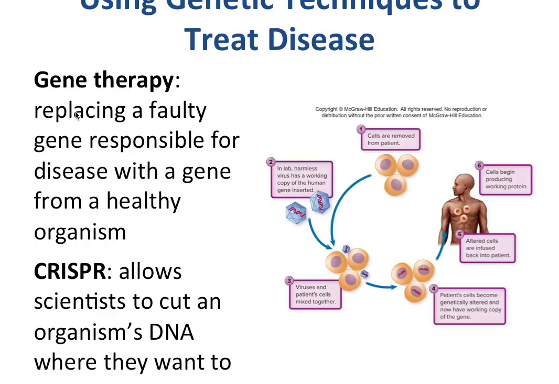For example, gene therapy. Because we humans have genetic diseases, these are inherited diseases. For example, maybe the patient lacks certain genes, so we can insert the genes that those patients lack into the patients.